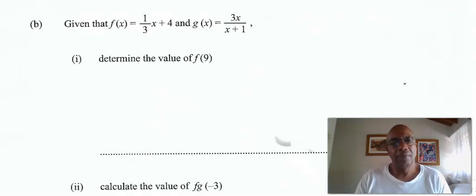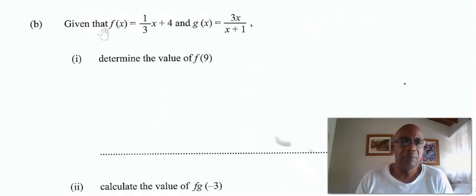Education Certificate examination in mathematics. And we have done question 4 part A, which was the coordinate geometry. And so now we move on to number 4, part B. And this is a functions and relations question.